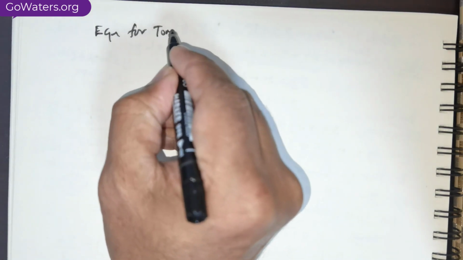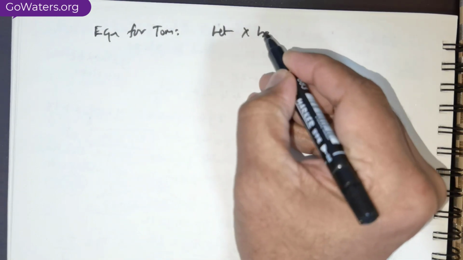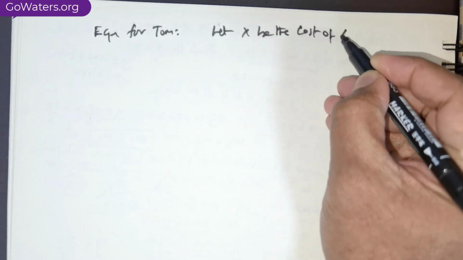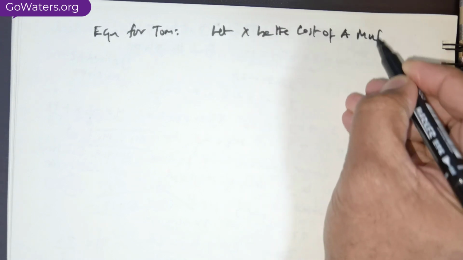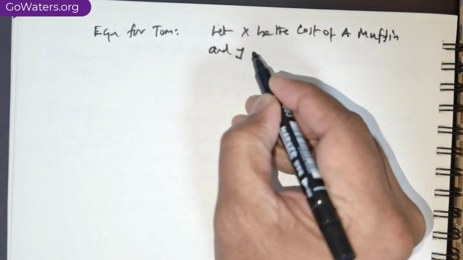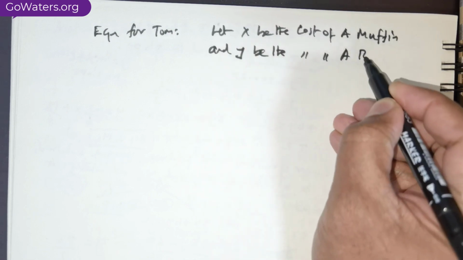So this is the equation for Tom. So I'm starting, let x be the cost of a muffin and y be the cost of a biscuit.